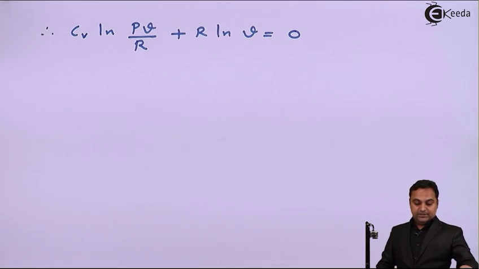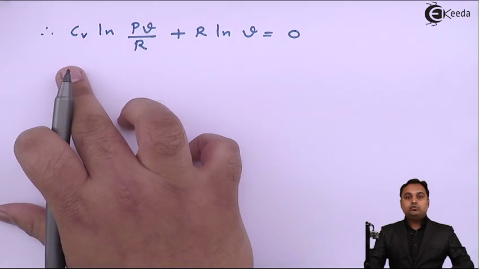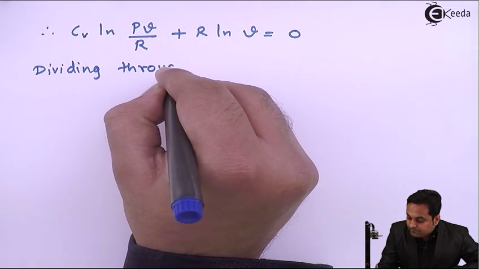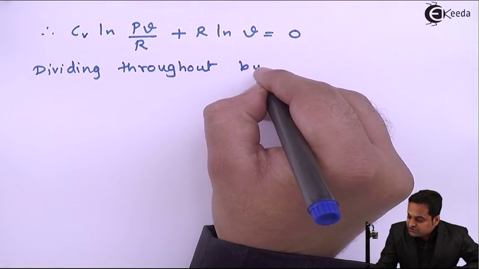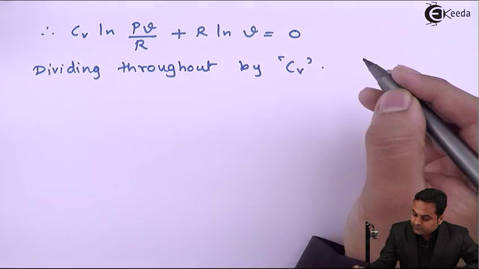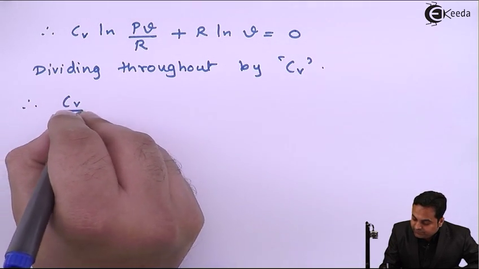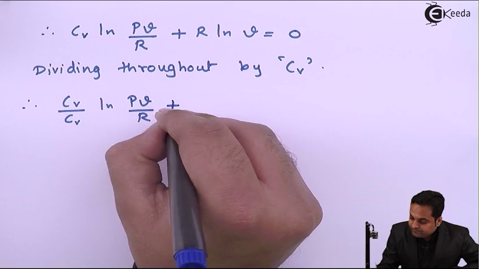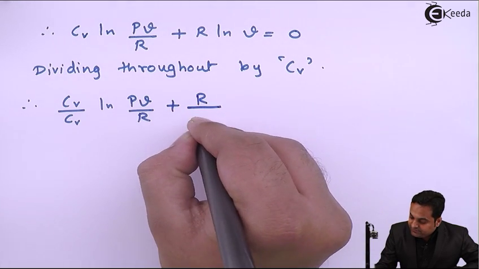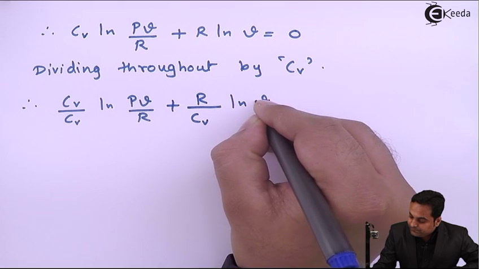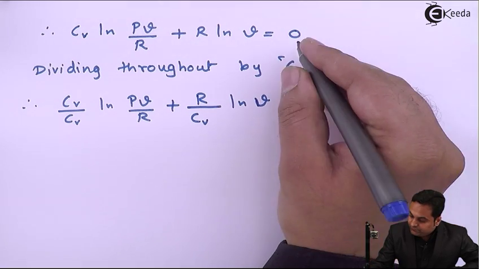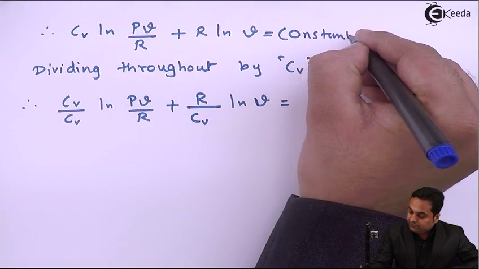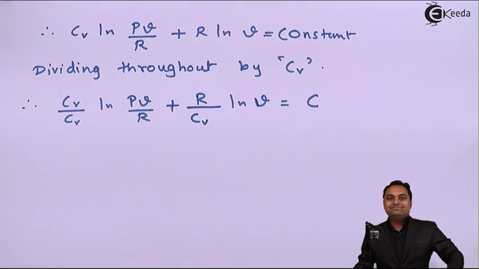Next, after reaching here, dividing throughout by CV, which is specific heat at constant volume. So therefore CV upon CV ln of PV upon R plus R upon CV ln of V is equal to, now here it was a constant, not 0, because we have integrated, so this is a constant.